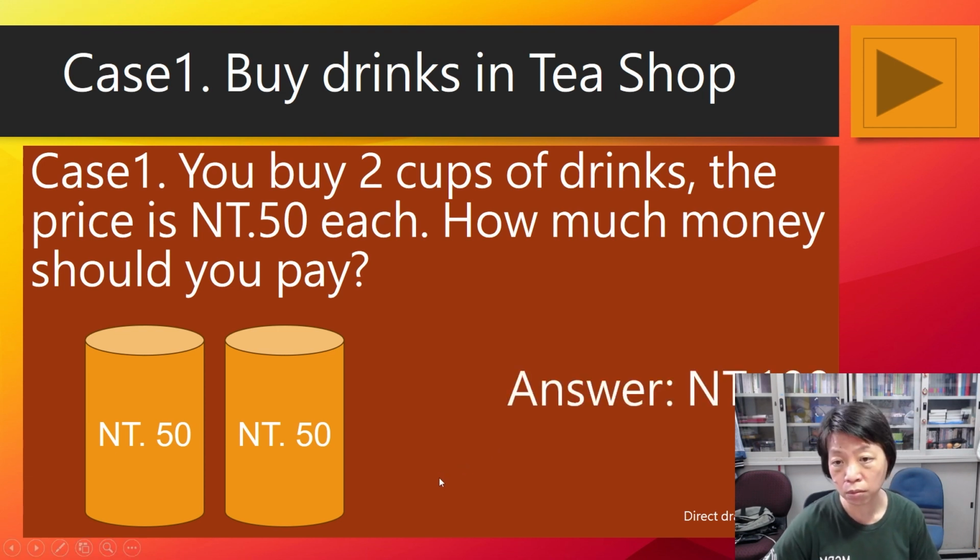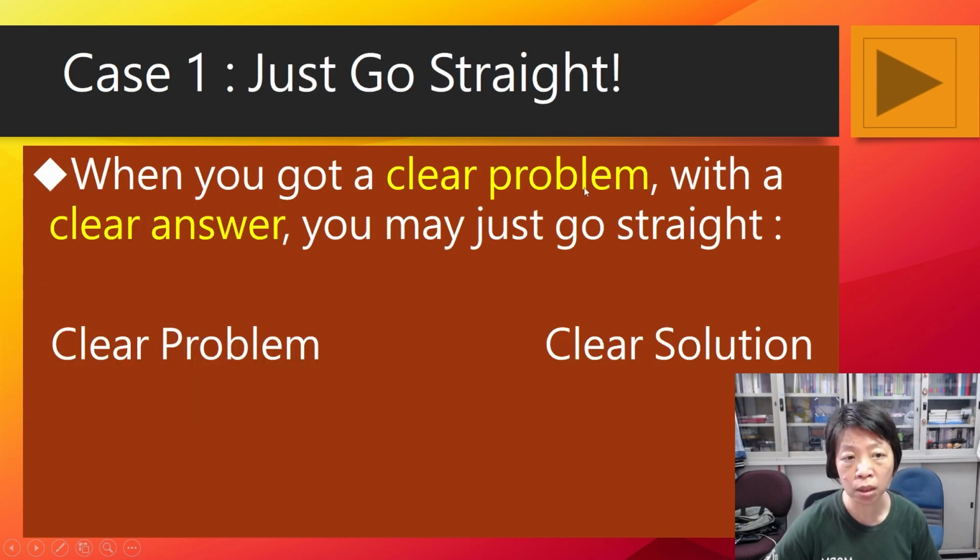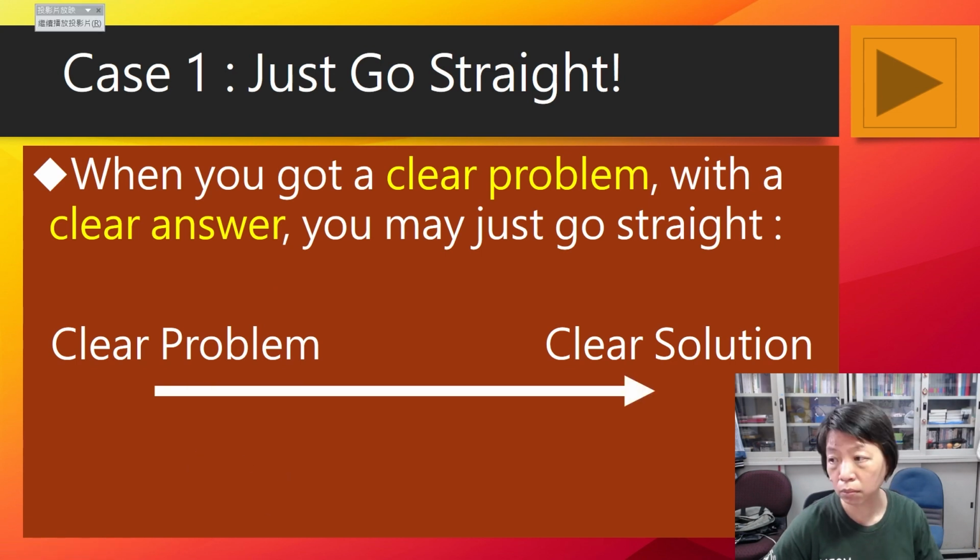The answer is $100. You will see that when you have a clear problem with a clear answer, you may just go straight like this way. If the problem is not so clear or the answer is not so clear, what will happen then? That is a big question, right? And that will lead us to the next case.